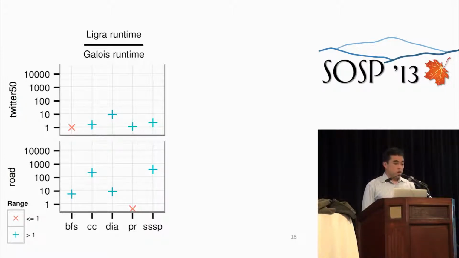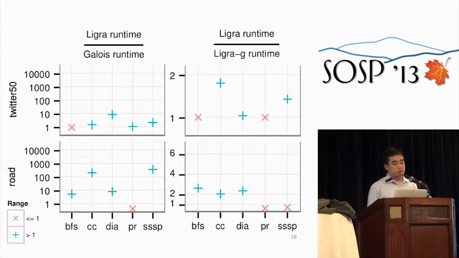The other factor in performance is the Galois system has a pretty optimized implementation of many low-level threaded primitives, and those primitives equally could be used to improve the Ligra system as well. In order to measure the impact of this second factor, let's compare performance of Ligra versus Ligra-G. Recall, Ligra-G is just our implementation of the Ligra DSL on top of the Galois system.